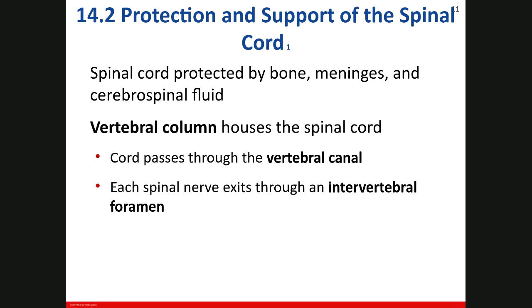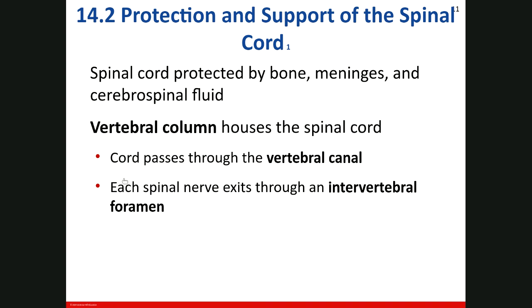The spinal cord is protected by bone, meninges, and cerebrospinal fluid. So the bone of our vertebral column, the different layers of meninges, and the cerebrospinal fluid protect our spinal cord from outside. The vertebral column houses the spinal cord.